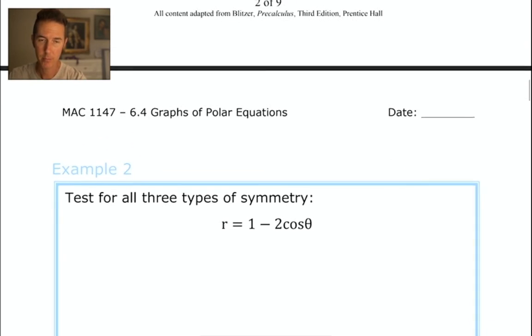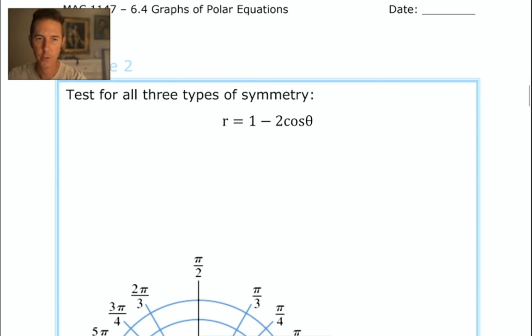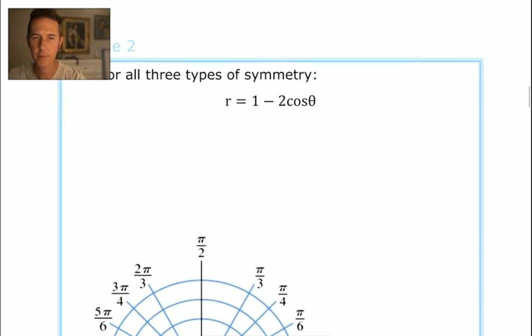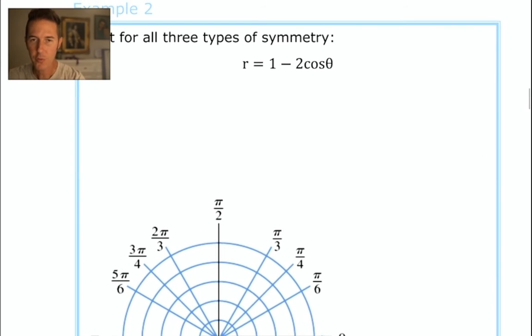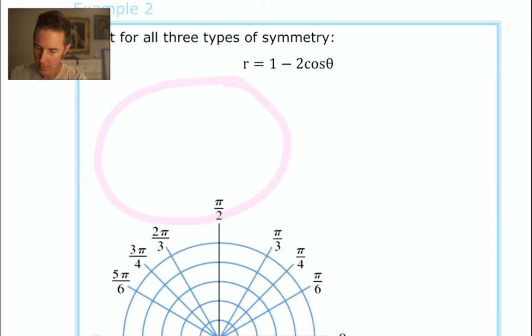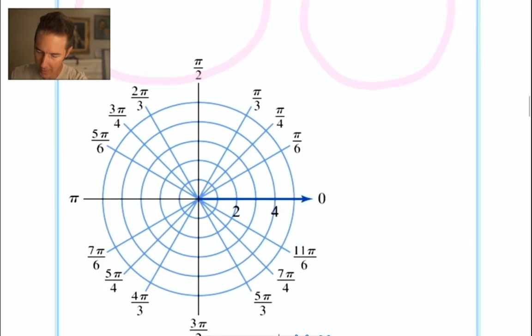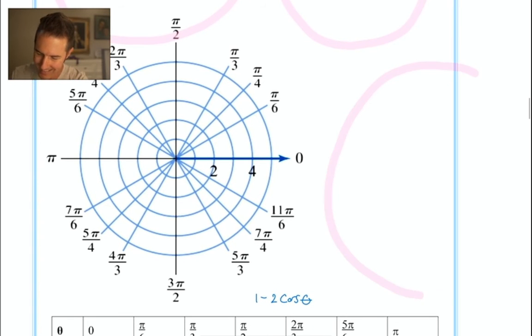Let's try them, okay, using this equation. We're going to test for all 3 types of symmetry. These tests require a few steps, so what I'm going to do is try to do one test here and one test here, and then I'll try to squeeze another test in here. I might have to go into the margin a little bit though.